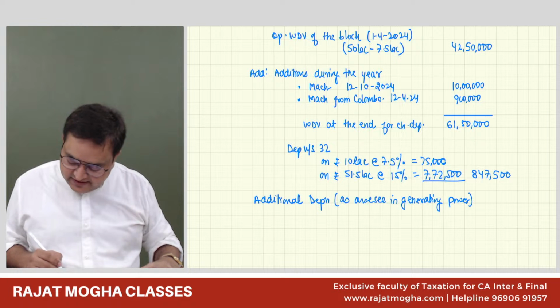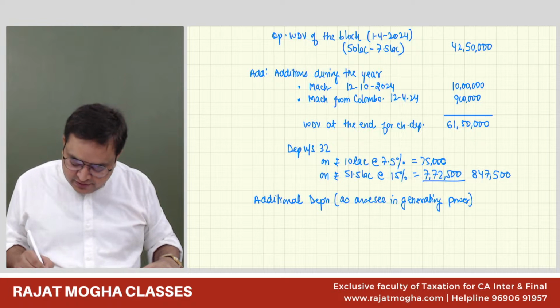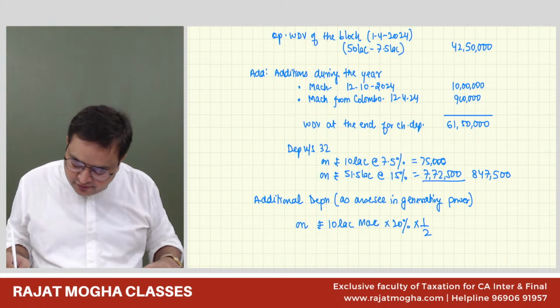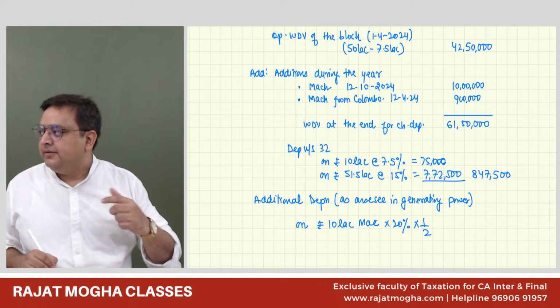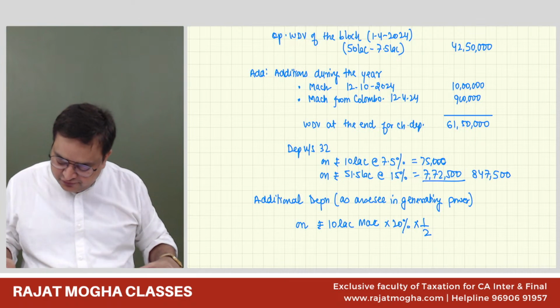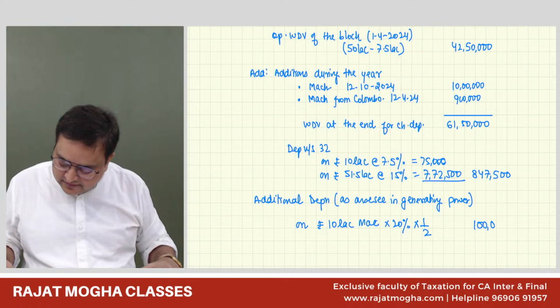How much would it be on the rupees 10 lakh machinery? 20% into half. Why? Because it is used for less than 180 days. That is 10%, so it would be 1 lakh rupees.